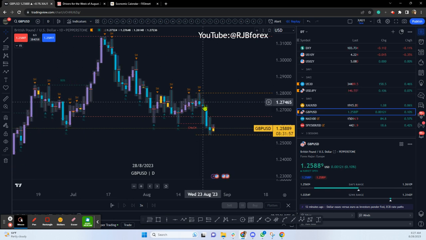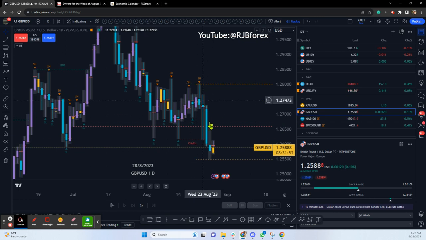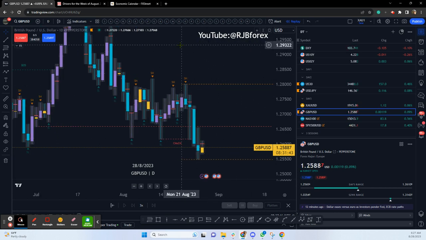We've got a displacement here, change of character, prospects of a correction to the upside that would play into our weak dollar thesis for the day ahead. Right.